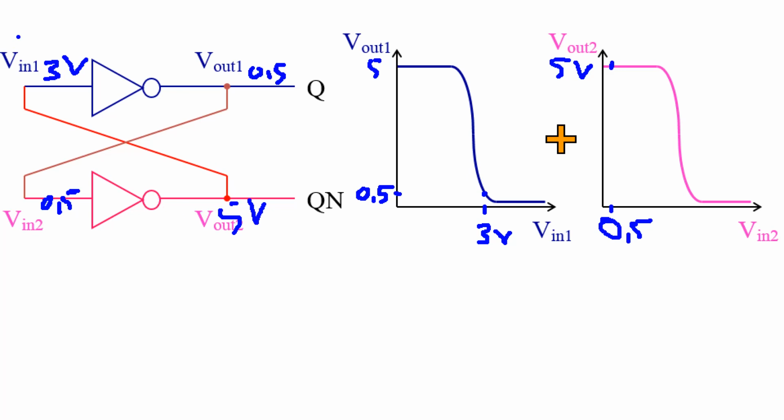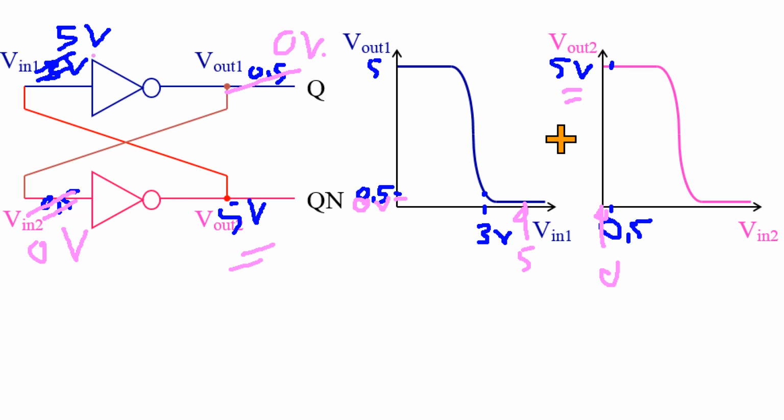When the output is 5, update this from 3 to 5. That means it changes to this one, 5. So the output now becomes 0, right? Then update the one to 0 volt. So this one is 0, and then the output becomes 5. So 5 here, 0 here, 0 here, 5 here.